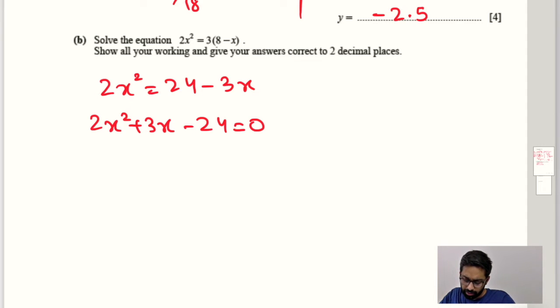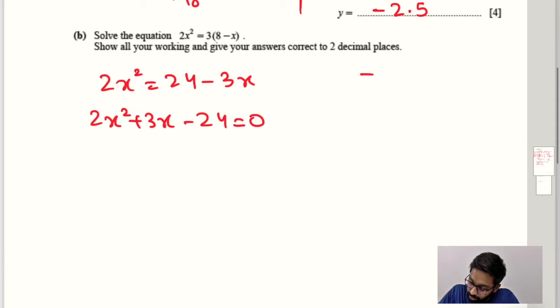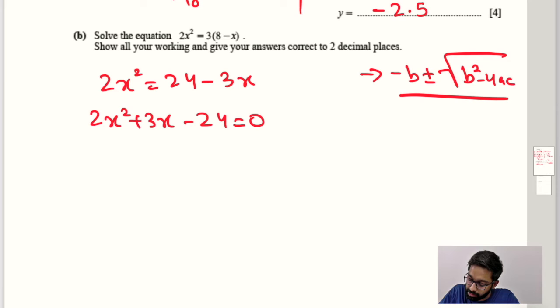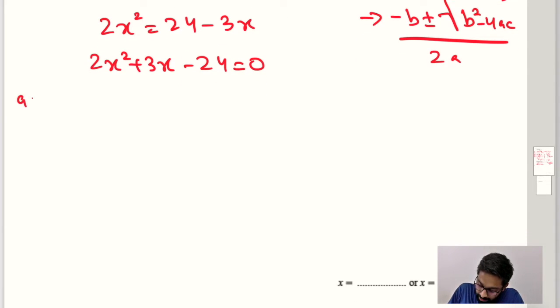Now I can try using the middle term breaking method, the factorization method, or I can use the quadratic formula. This is the quadratic formula, which is the shortest method here. I get negative b plus minus under root b square minus 4ac over 2a. Now a is 2, b is 3, and c is negative 24.